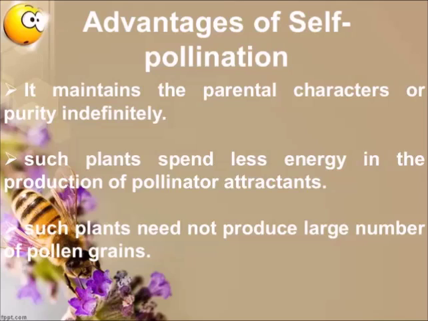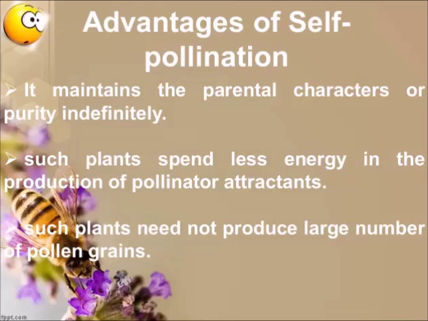Since, in case of self-pollination, pollen grains from the anther of one flower fall onto the stigma of the same flower or a different flower of the same plant or genetically similar plant, it results in no mixing of genetic information and hence purity is maintained, unlike cross-pollination, which involves mixing of genetic information from two different plants to create unique offspring.